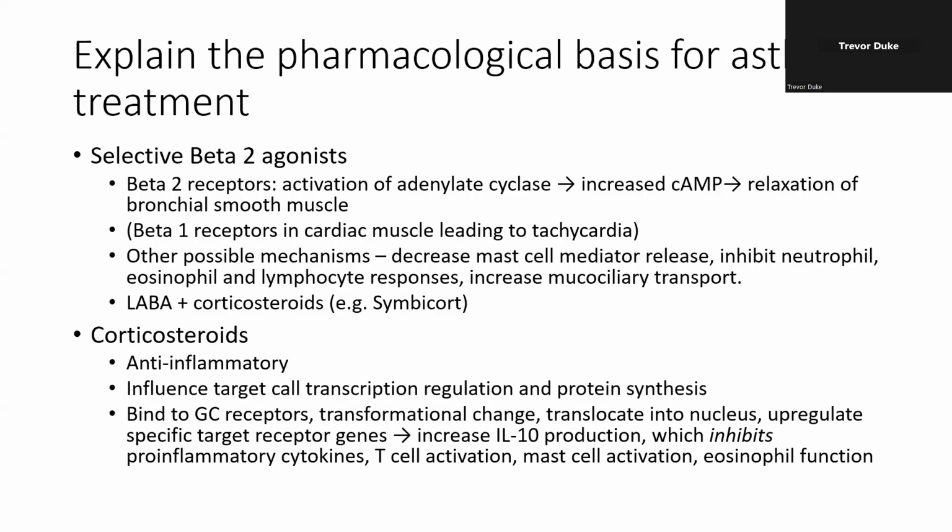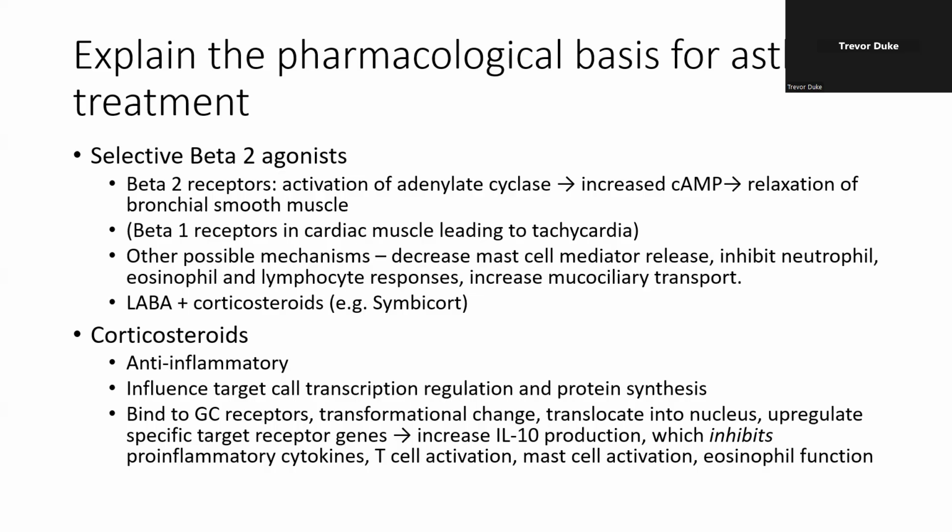But beta-2 agonists activate adenylate cyclase to increase cyclic AMP, and that leads to relaxation of bronchial smooth muscle. It's more selective on bronchial musculature than it is on, for example, cardiac muscle, which is more a beta-1 response. So you just need to know beta-2 agonists are more respiratory selective on smooth muscle rather than on cardiac muscle. There are other things that beta-2 agonists do.